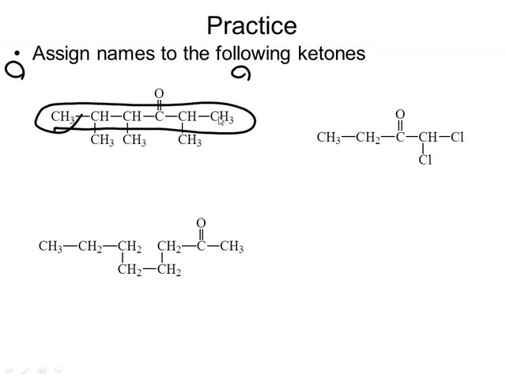Notice if we go from the left side, the carbonyl becomes 1, 2, 3, 4. If we go from the right side, the carbonyl is 1, 2, 3. So we have to go from the right side: 1, 2, 3, 4, 5, 6. The parent chain is going to be hexanone.